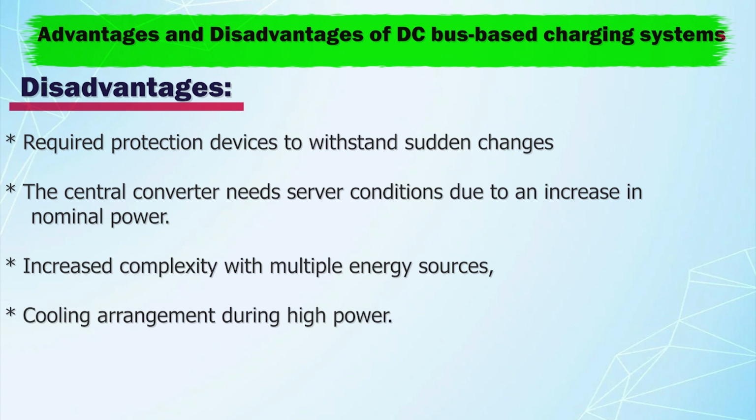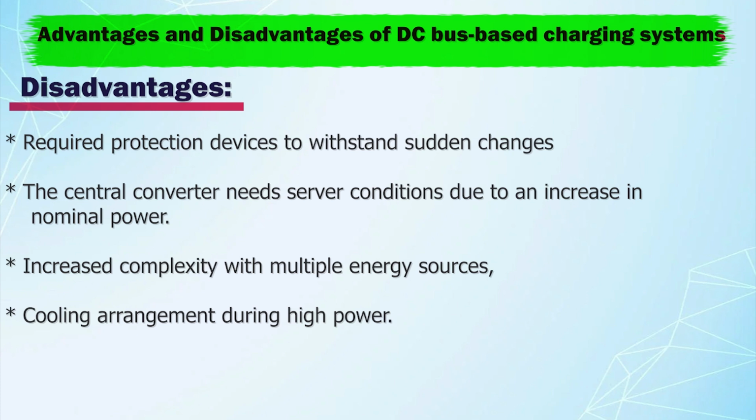The central converter needs several conditions and communication protocols due to an increase in nominal power, and there is increased complexity with multiple energy sources. So, as soon as we integrate solar, wind, and other resources like fuel cells, there will be complexity.